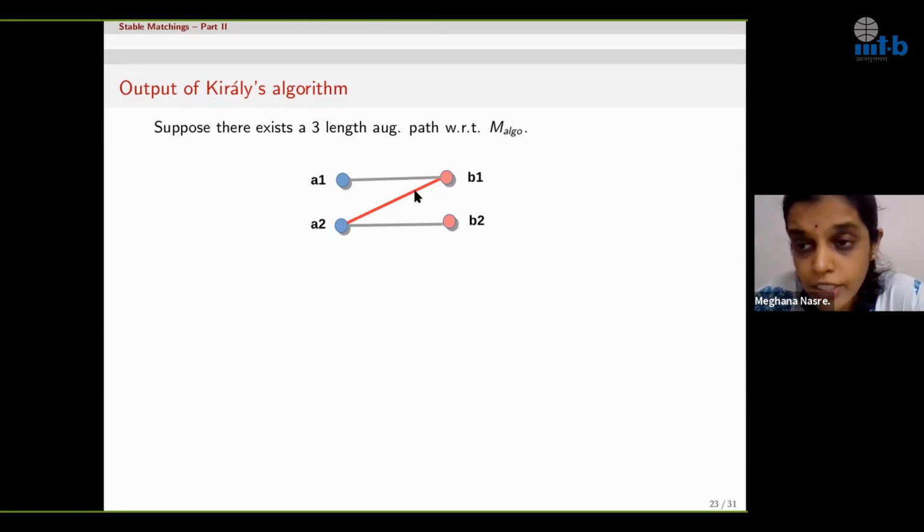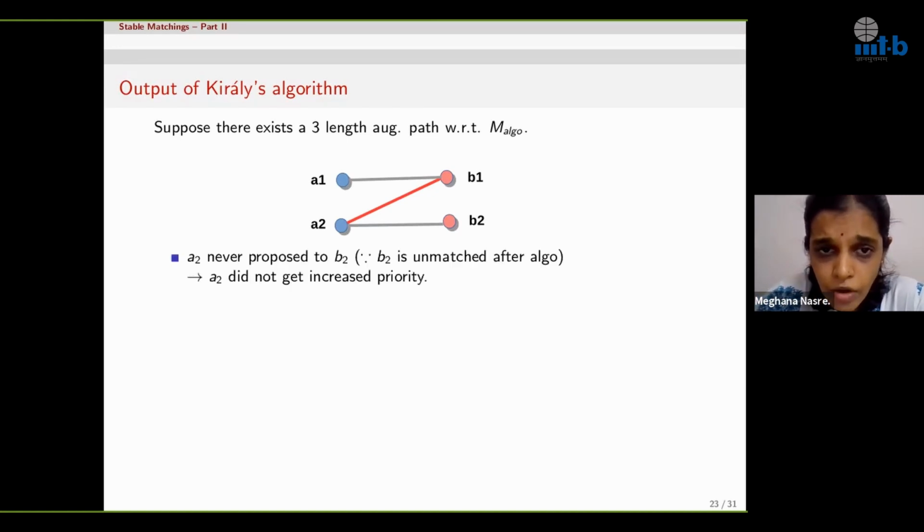So we want to show that A2, B1 is a blocking pair, or an unstable pair, with respect to the matching. To show that, we have to show that A2 strictly prefers B1 over B2, and B1 also strictly prefers A2 over A1. And this strict is important because remember that there are ties in B's preference list. That is, the women can have ties in the preferences.